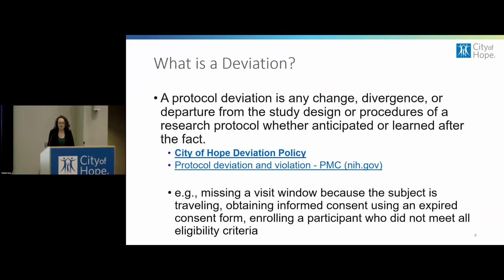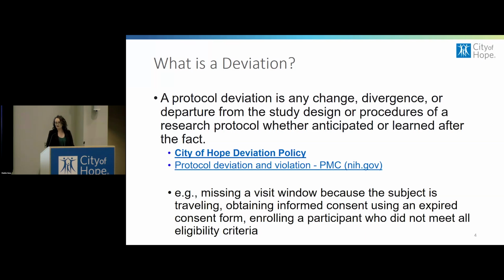A deviation is any change, divergence, or departure from the protocol. And these can be either anticipated or learned after the fact. So a handful of examples include patients that are missing a visit due to traveling or being out of the area, using an expired consent form to obtain consent, and then also enrolling participants who do not meet eligibility criteria.